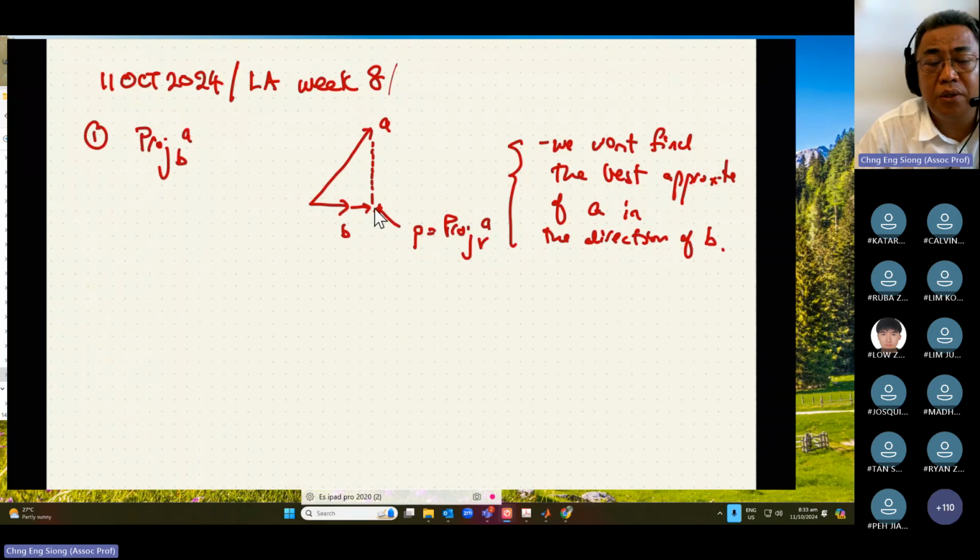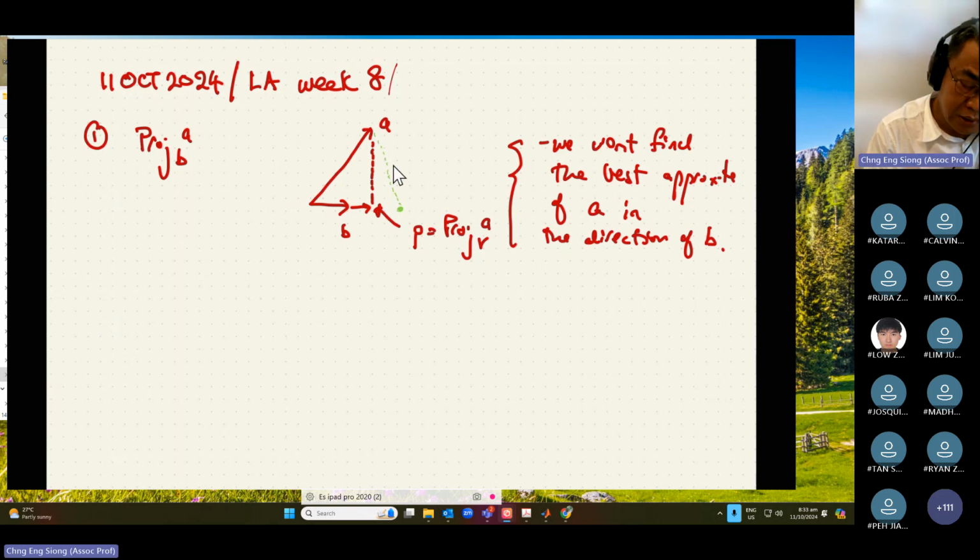Why do I choose this point? In Euclidean space, you can see that this is a triangle, and the nearest point along the direction of B is this point. Because, let's do a different color now, if I choose another point here, for example, then this point has a longer distance to A than this red line, for sure, because then this will form a triangle.